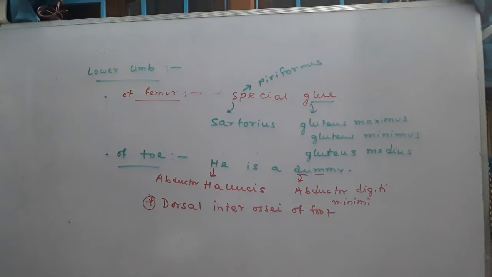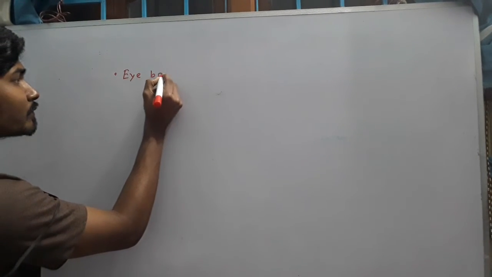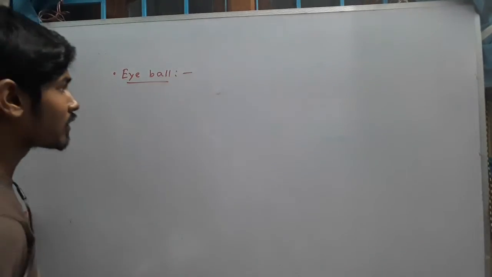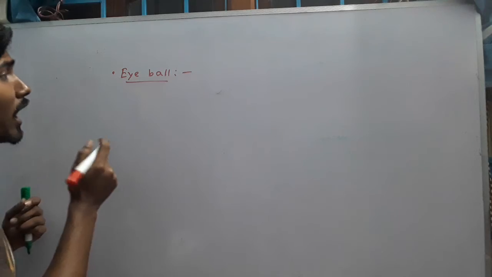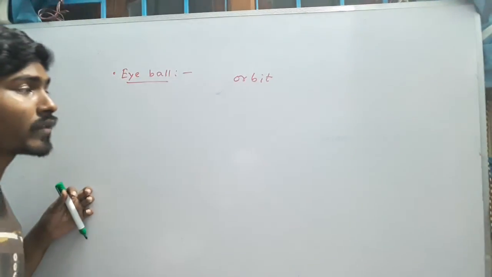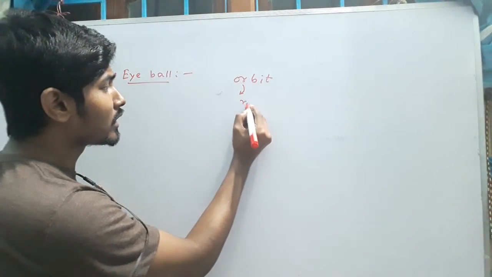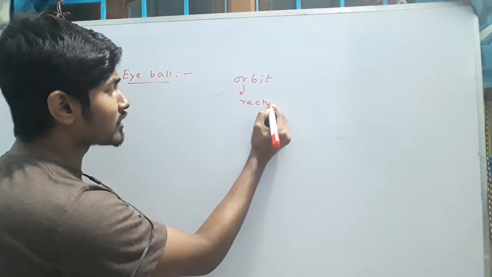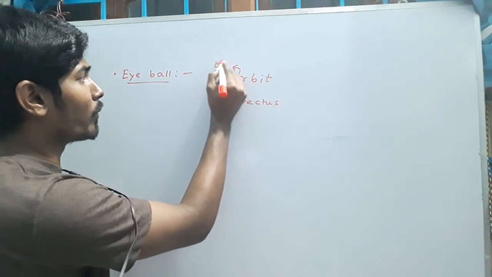Now we will be talking about the eyeballs. To remember the abductor muscles of the eyeball, just remember this word, orbit of the eye. Okay, so in orbit, R means rectus muscle and O means oblique muscles.